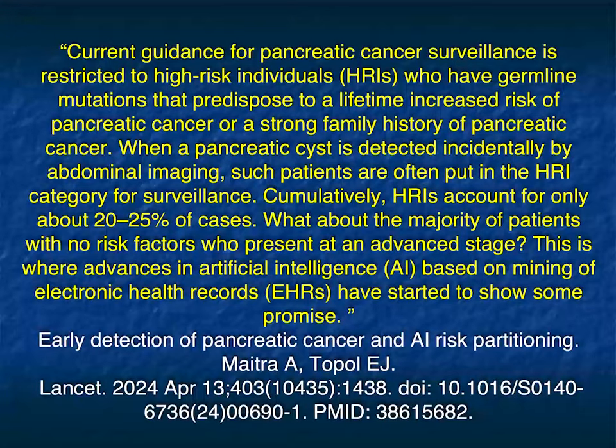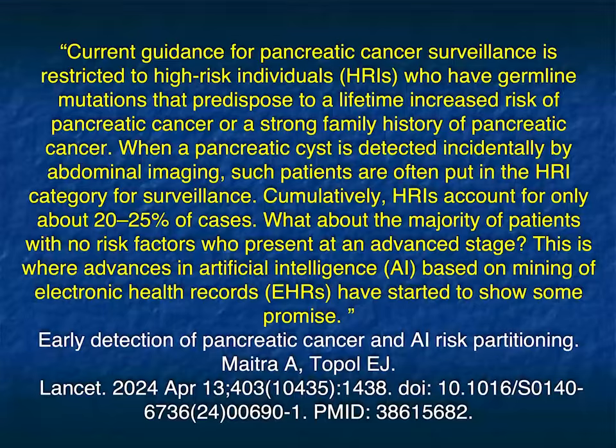In this article by Matre and Topol, talking about current guidance for pancreatic cancer is restricted to high-risk patients. Those are the patients who have family histories of pancreatic cancer, but it's a small group, like 25,000 patients over many years.